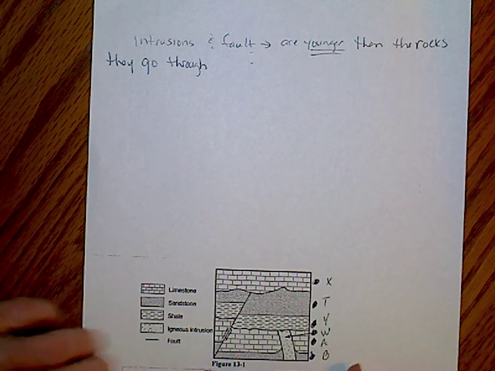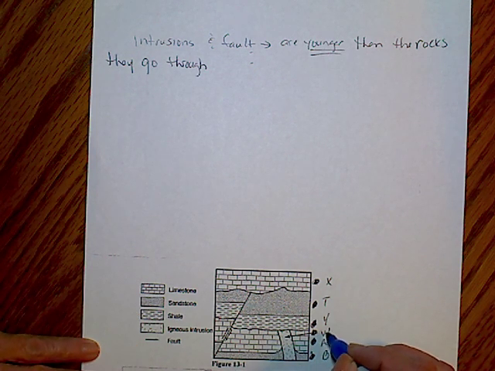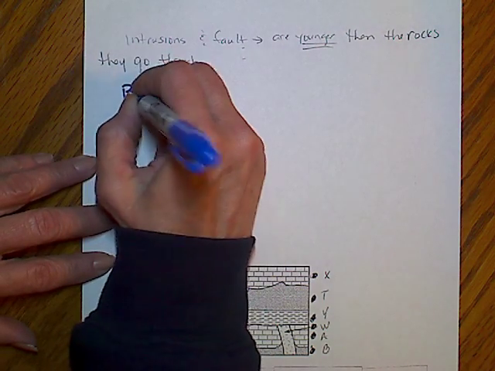Well, what you would say is that layers B, A, W, Y, and T had to have been laid down before the fault.